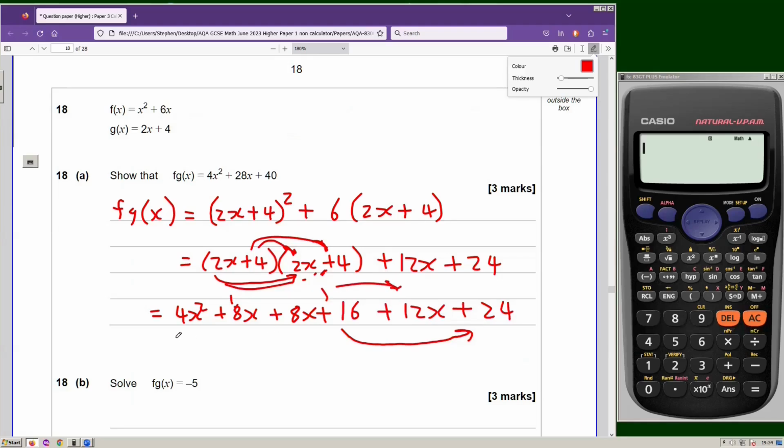So we end up with 4x squared plus 28x, since 16 plus 24 is 40, plus 12x.